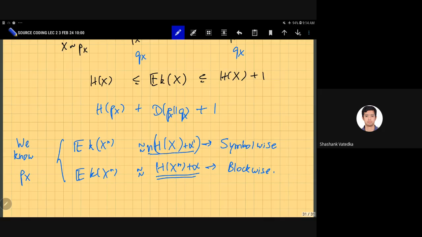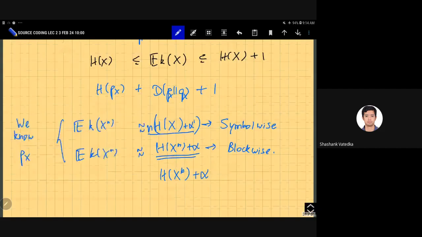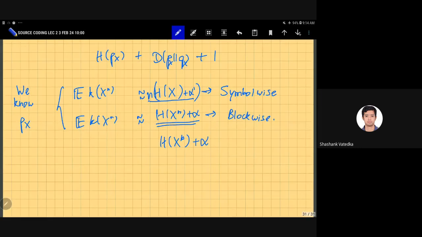If we want to get to H(X^b) plus alpha bits, then we'll need to compute the empirical probabilities of all possible b-length sequences. So H(X^b) for any b greater than or equal to 1 would depend on the empirical frequencies of X^b.